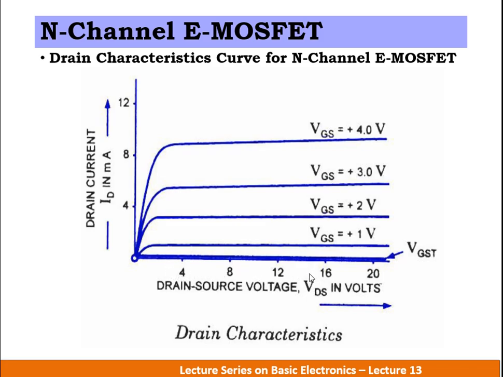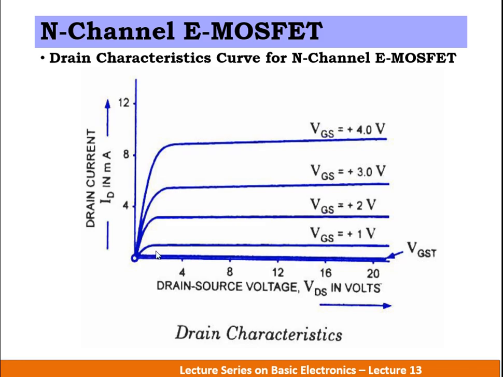All the values of this curve are positive, and we need to apply a minimum gate source voltage, that is the threshold voltage. If we apply the minimum threshold voltage, that is VT or VGST, there will be a channel creation. An increase in the value of VGS above the threshold voltage gives an increase in the drain current.